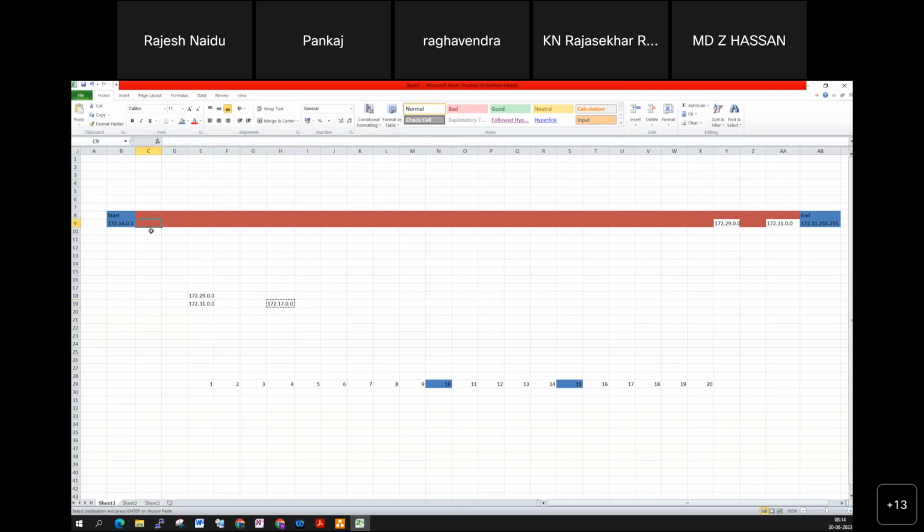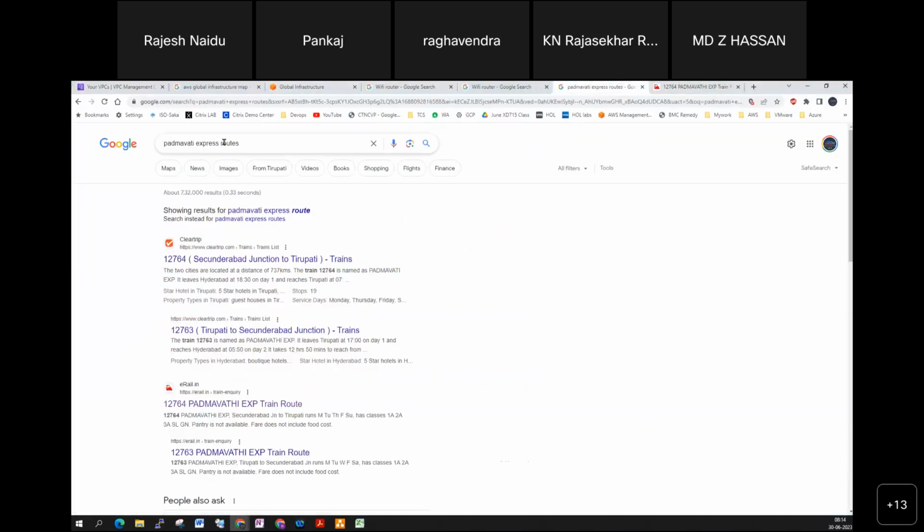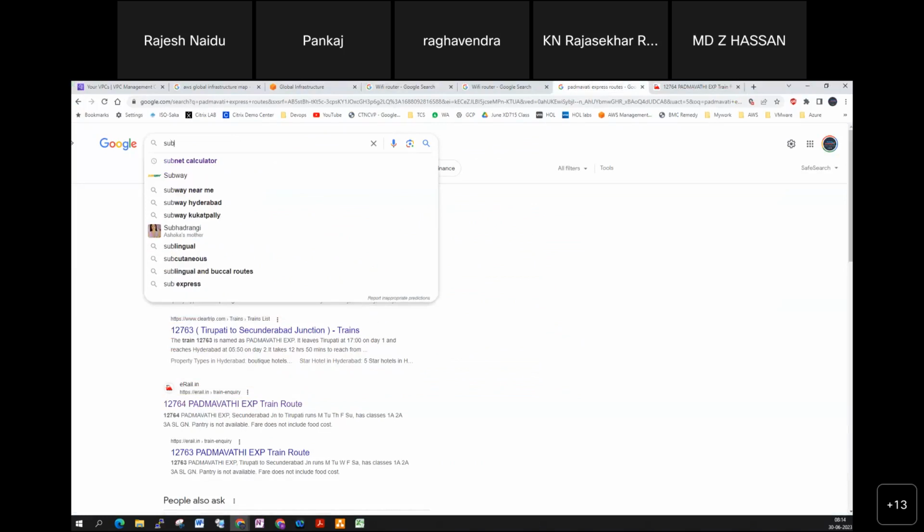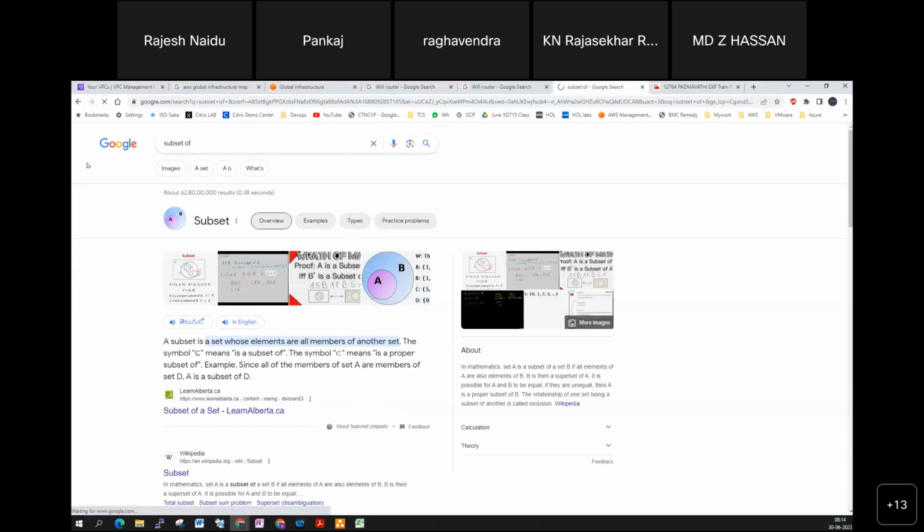So again, I'm coming to 10th class mathematics. I don't like mathematics, but I don't have any chance to teach it again. So the subset concept is that. You know subset of? Have you seen this kind of image in your 10th class books?